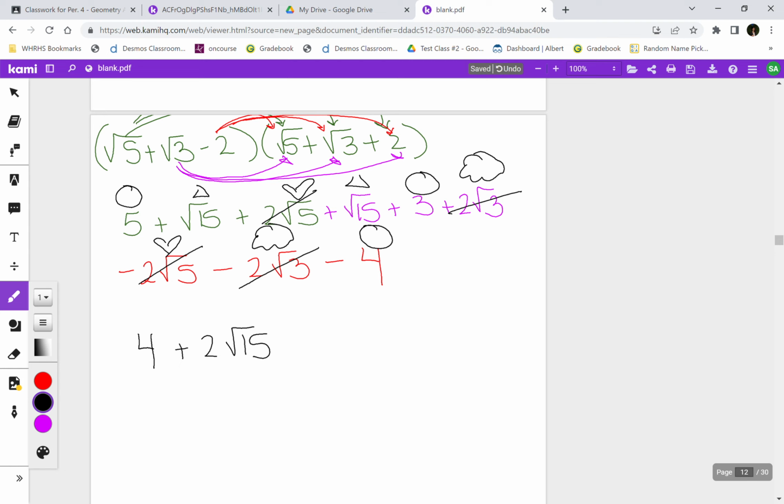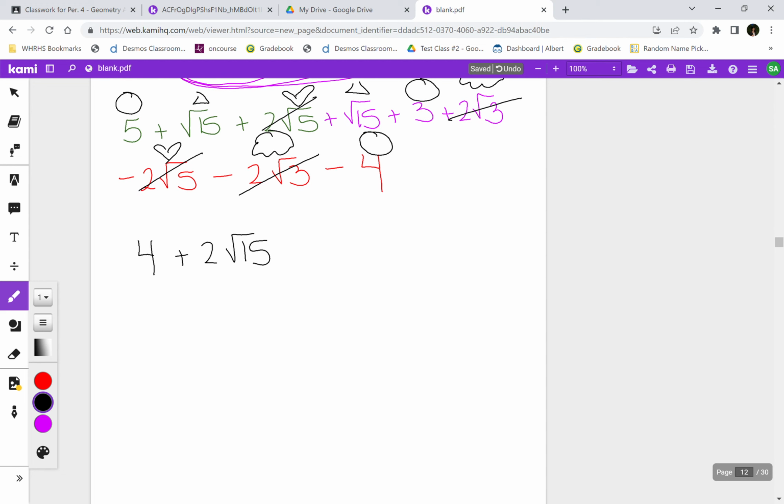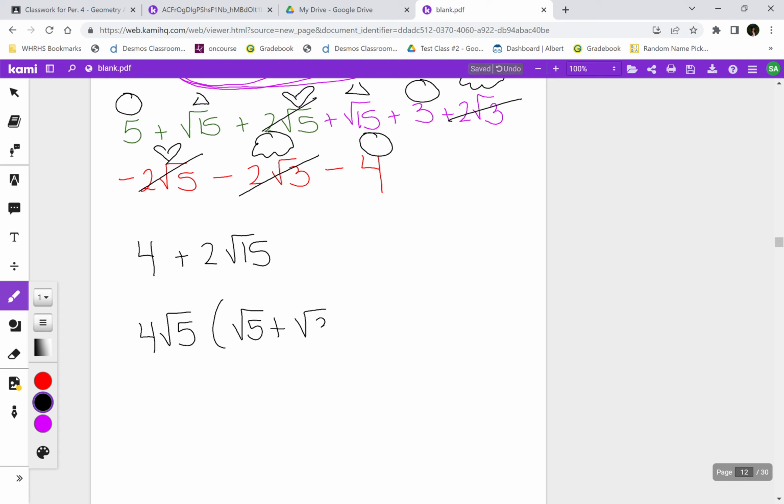A binomial. So now we're not done. We still have the, what was my numerator? 4 root 5? 4 root 5 times root 5 plus root 3 plus 2. That's our numerator, right? And in our denominator is 4 plus 2 root 15. We have to distribute in that numerator.